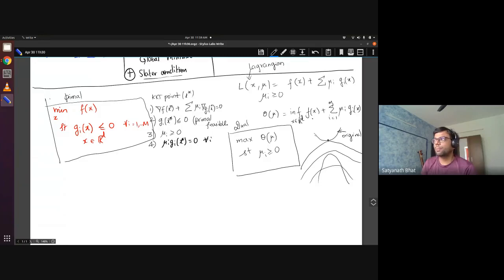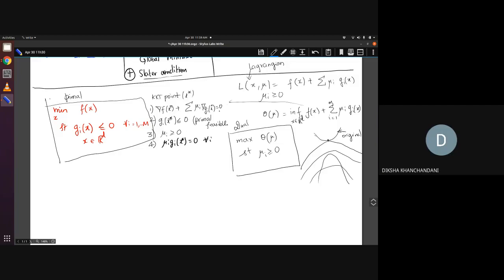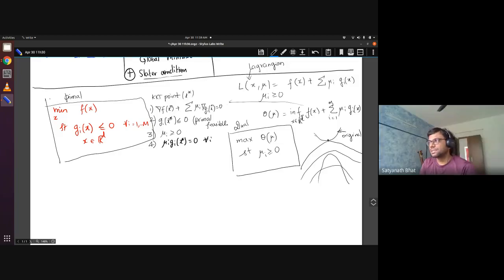And that particular optimization problem is this. If you take the gradient of this with respect to x, you will get exactly this. Diksha, that's okay, right? If I take this function as an optimization over x, I will have to take the gradient over x. So that will give me this.